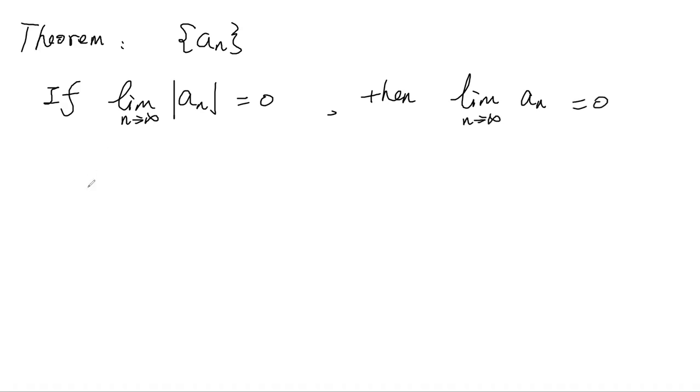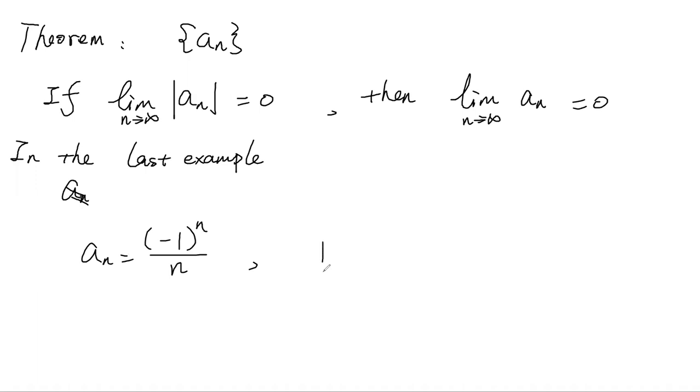So in the last example, a_n is equal to (-1) to the n power divided by n. The absolute value of a_n is equal to 1/n.